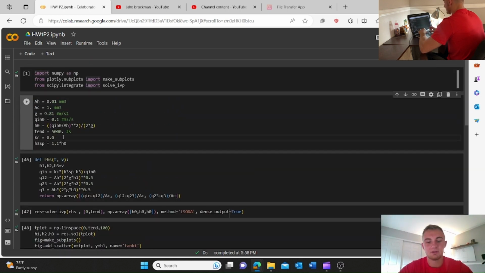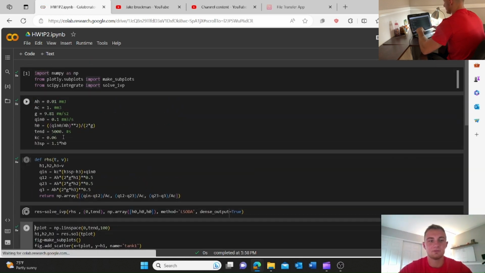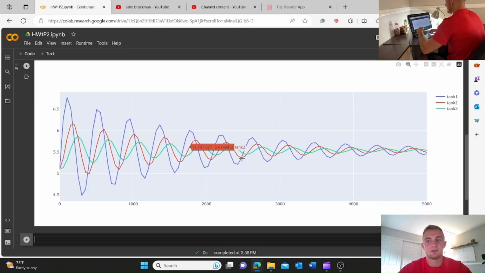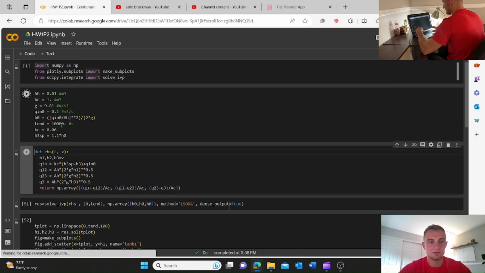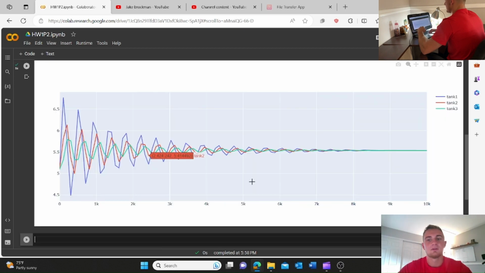Let's try 0.06 here. Eventually we'll get to some steady state. I can't even see it here because I only have 5,000 points, but let's go to 10,000. So you get to steady state after a while, and it is 5.5. So you're getting to your set point, sort of, if you need to get around 5.6.